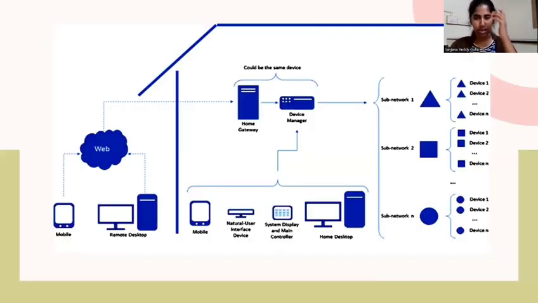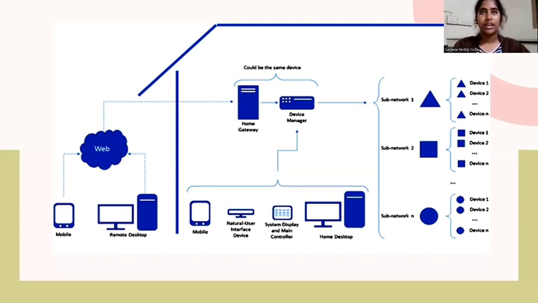So this is some basic idea about the smart home system. It includes some interfaces also, which let you access everything at your fingertips, as I've already said. It is all digitalized, and you can access everything using a mobile app.